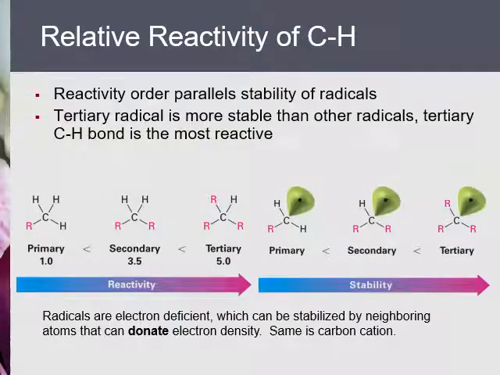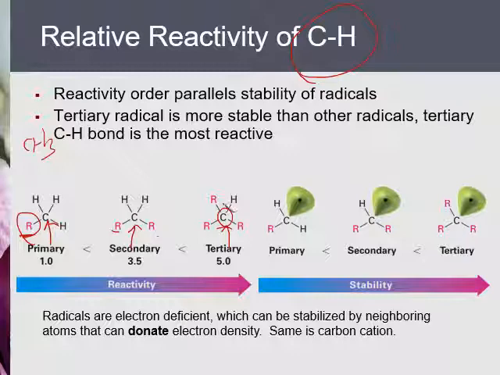This slide shows the relative reactivity of a carbon-hydrogen bond to form a radical. R represents an alkyl group. Think about CH3. So this is a primary carbon because it's attached to 1 alkyl group. This is a secondary, you have 2 alkyl groups, and this is a tertiary. The experiments show that tertiary carbon is the most reactive to form a radical.